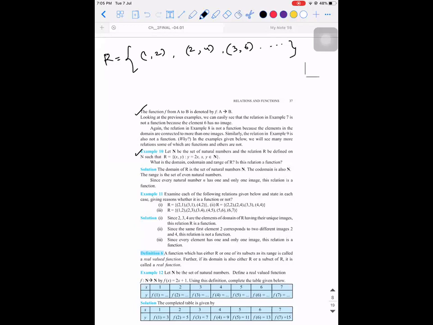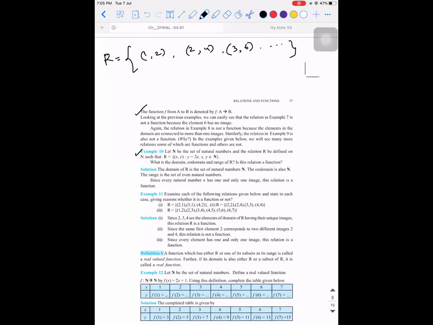Now tell me, what is the domain of this? Domain is all natural numbers. What is the codomain? Even natural numbers?